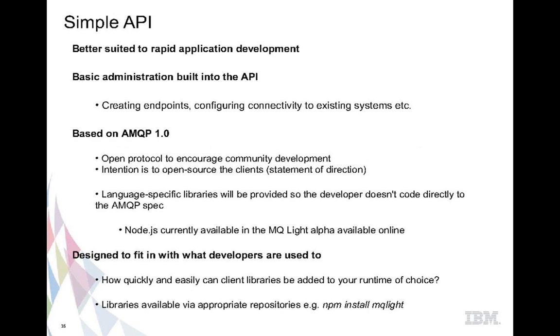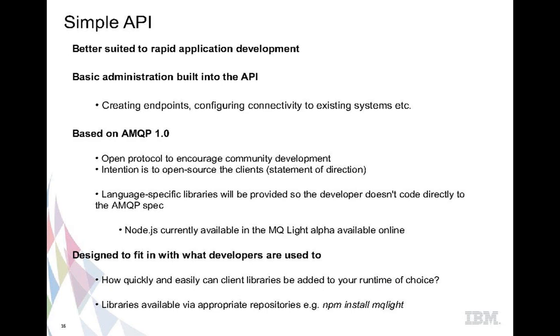It's an open protocol, and we have taken this approach to encourage the developer community, most of whom are already using AMQP. And another advantage that we felt was we don't restrict you to use our clients. AMQP is an open protocol, right? So you can develop your own clients and then start using them with the MQ Lite server or the runtime that we ship.